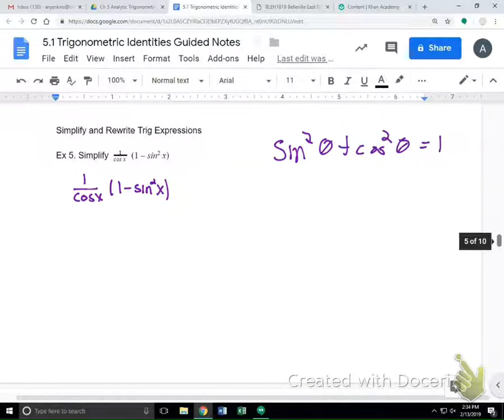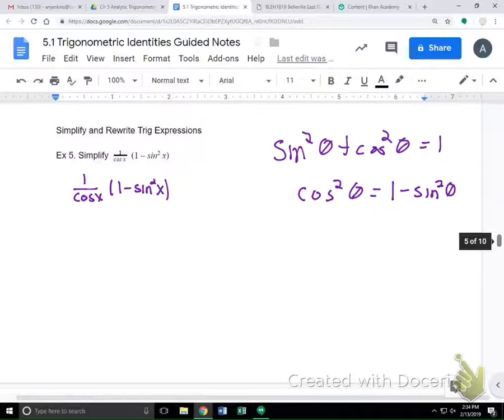I want to get my sine squared to the other side, so I'm now going to have cosine squared of theta equals 1 minus sine squared of theta.